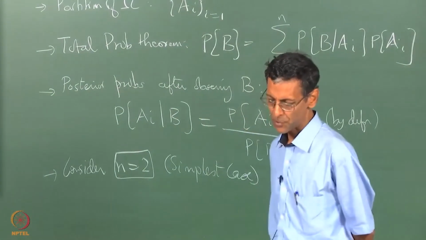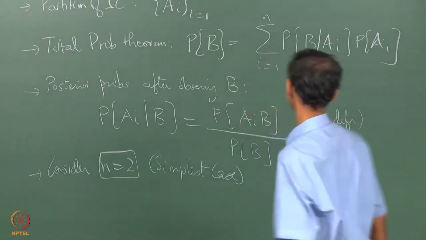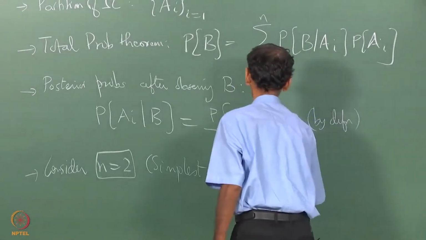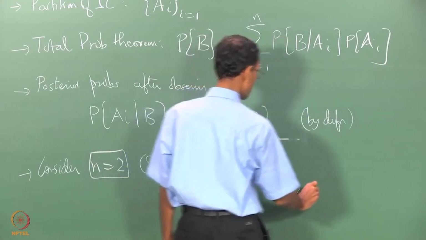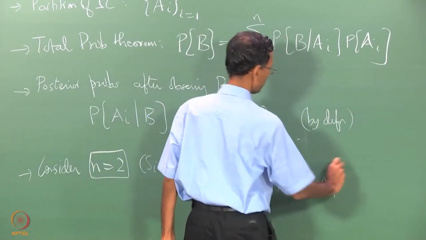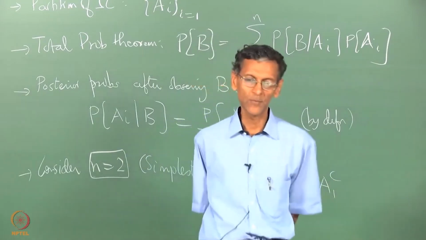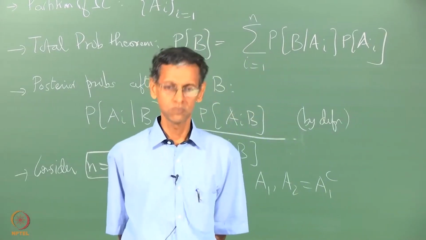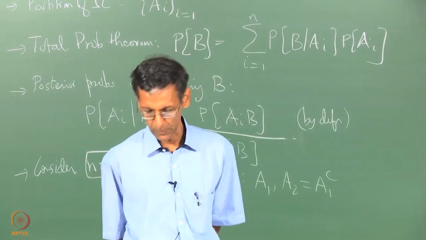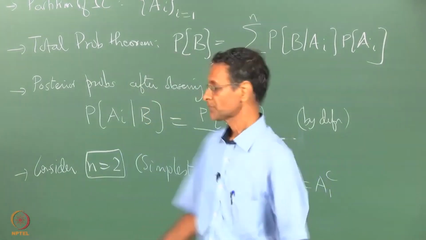Actually it's a very important case also, as we will see. So here we have A1, A2 such that A2 is the complement of A1, because you want them to be disjoint or mutually exclusive and add up to omega. So obviously A2 must be the complement of A1.